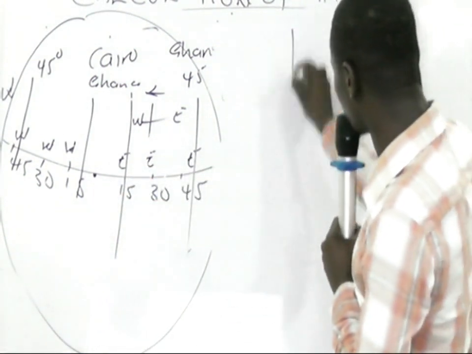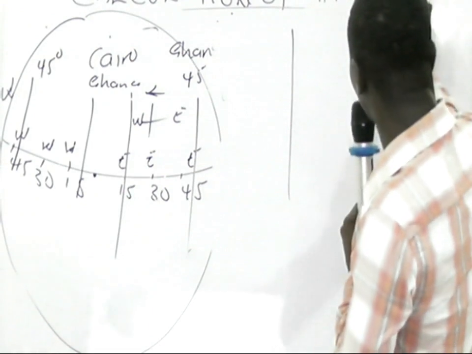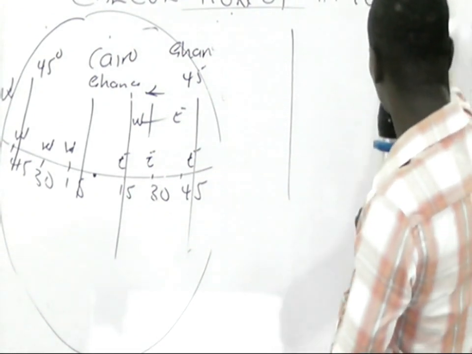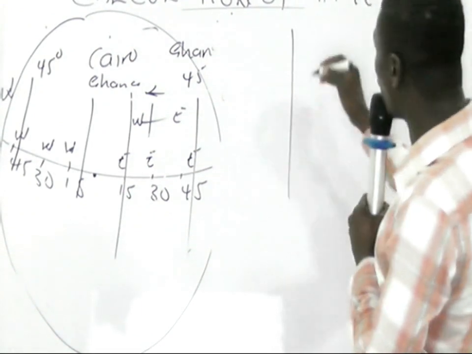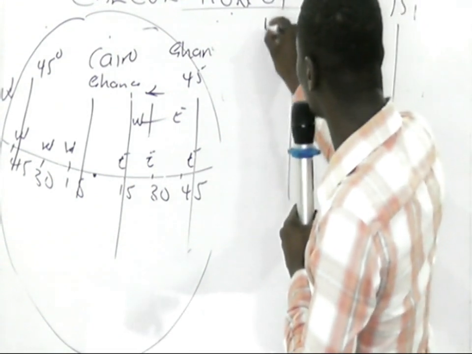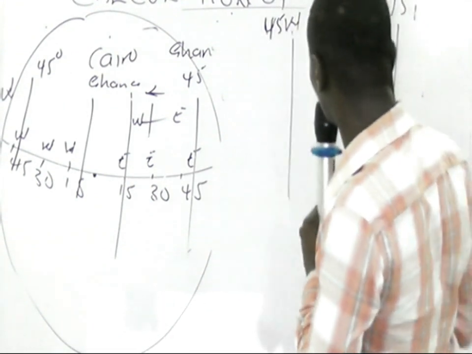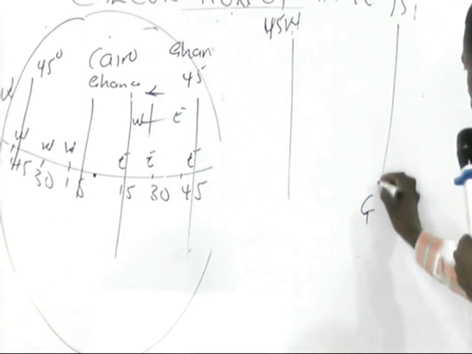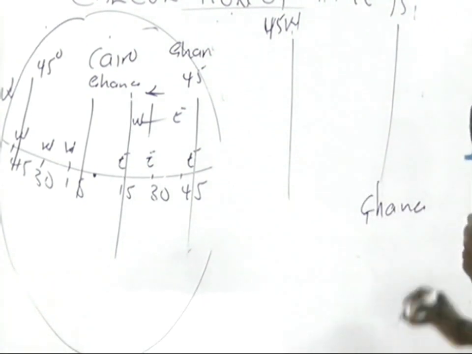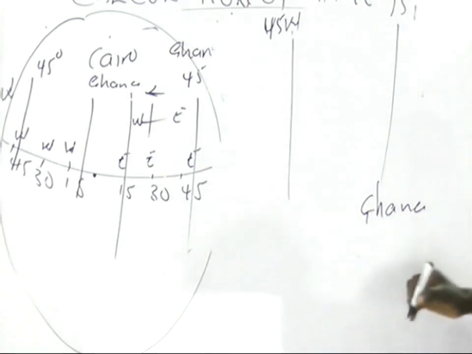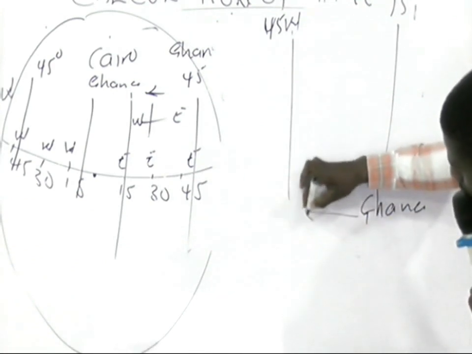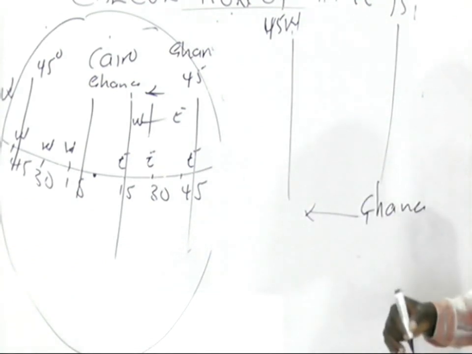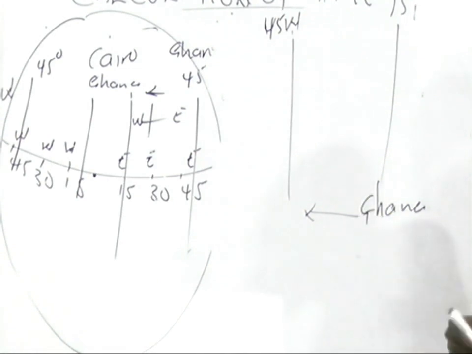But check that this time around, it is like this. We have our 15 west, and then we have our 45 west. But this is Ghana, and we know the time in Ghana. So we are going to this side to calculate the time.